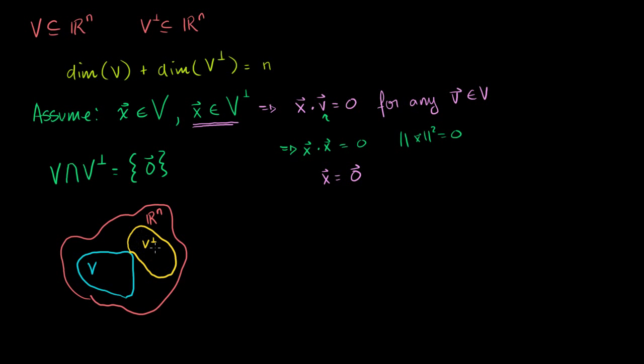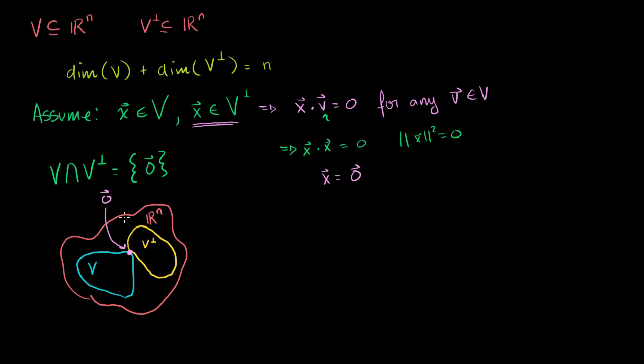These are all of the vectors that when I dot them with any vector here, I'm going to get equal to 0. And the intersection, their overlap, the only vector that is a member of both, right there, is the 0 vector. That's their only intersection. So that's fair enough. The only vector that's a member of a subspace and its orthogonal complement is the 0 vector.